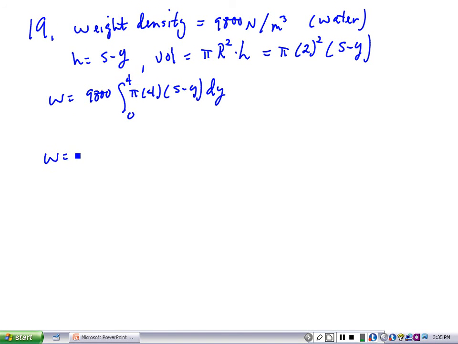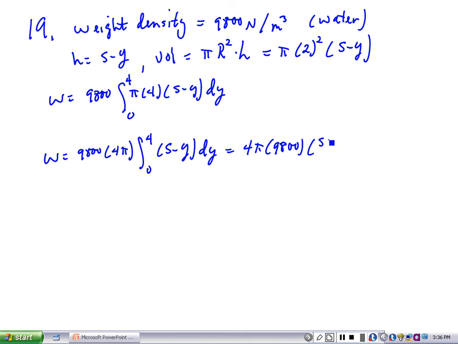And so work, let's simplify this. This is 9,800 on the outside, we got 4 pi integral from 0 to 4, 5 minus y dy. We integrate 4 pi times 9,800 times 5y minus y squared over 2, the y evaluated from 0 to 4.